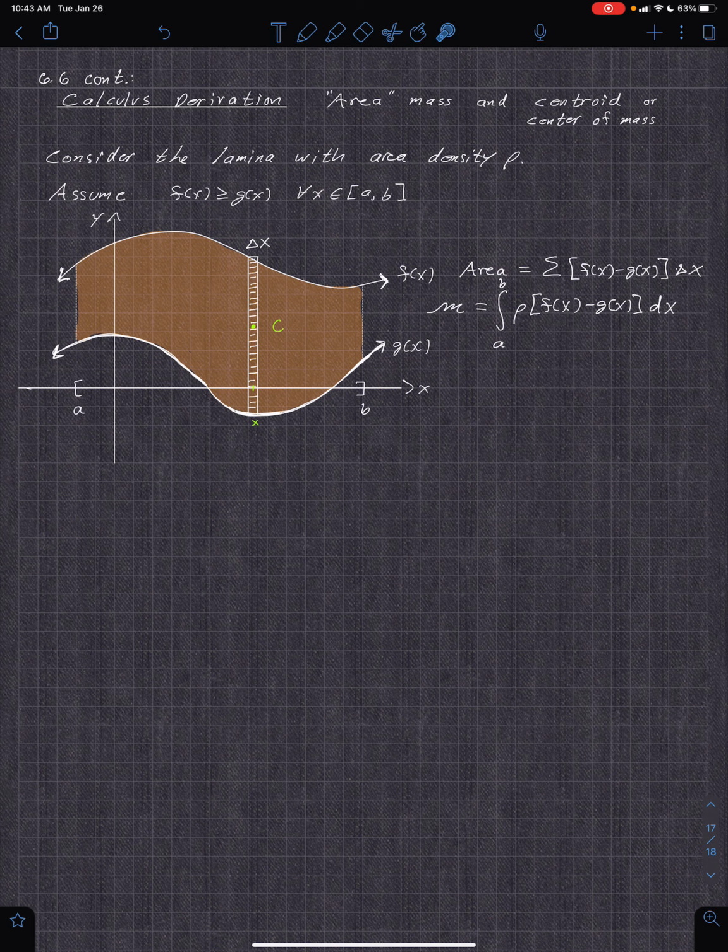You can have a changing density, where rho is a function of x, and there could be some problems like that in the book. Don't worry about it too much, though. If it is, you just put it in there and then evaluate. If it's not, you can factor rho out like a constant.